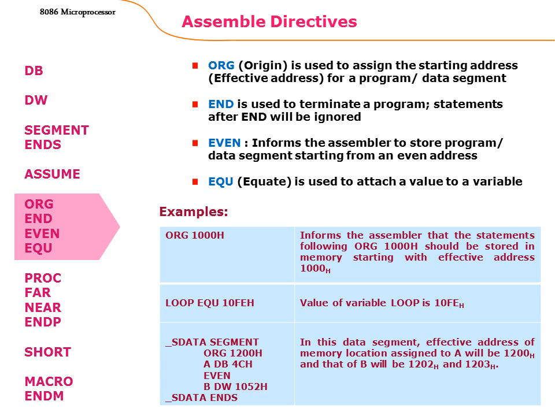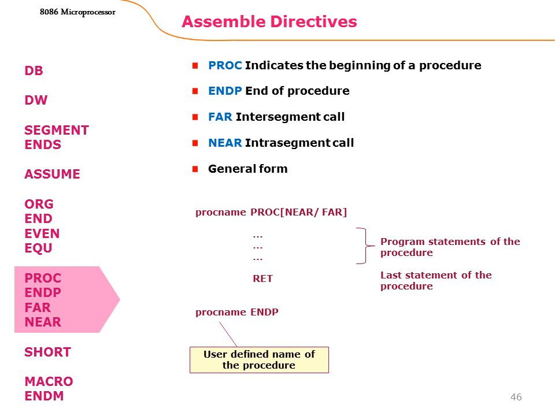In this data segment, the effective address of the memory location assigned to A will be 1200H, and that of B will be 1201H, 1202H and 1203H.